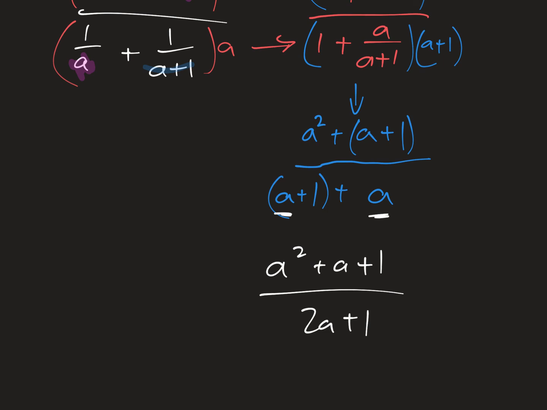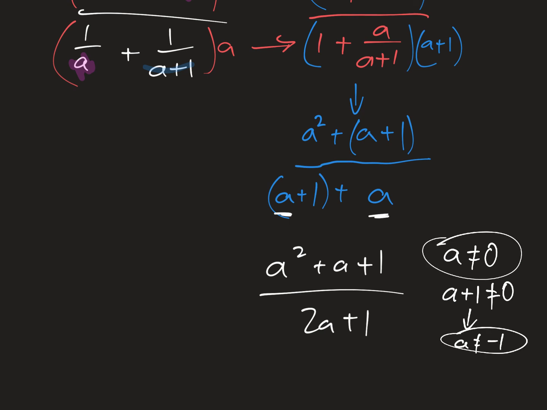Now let's go ahead and make our note about what should not be equal to 0 in this case, right? So remember, we multiplied by a as a denominator, so a can't be 0, and a plus 1 can't equal 0. And you might rewrite that last one as a does not equal -1 by moving that 1 over, okay?